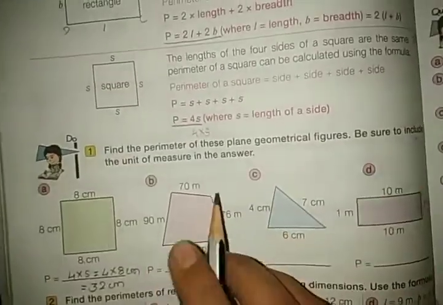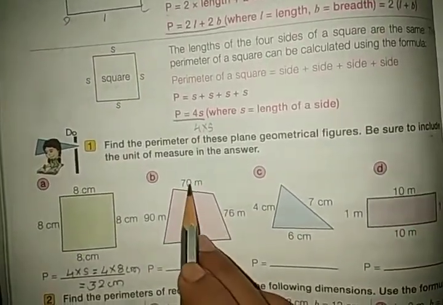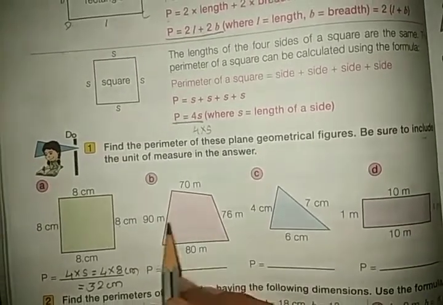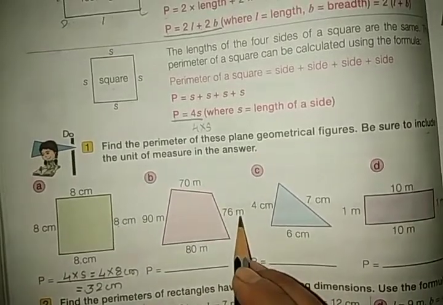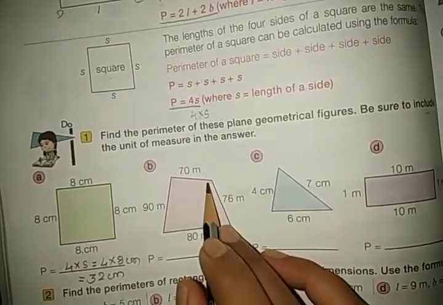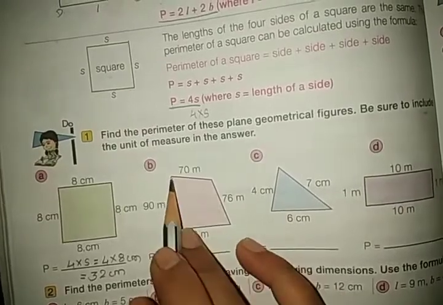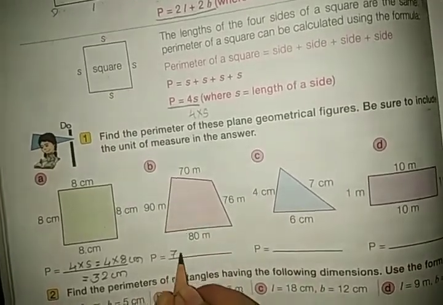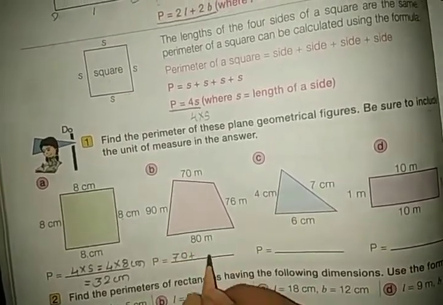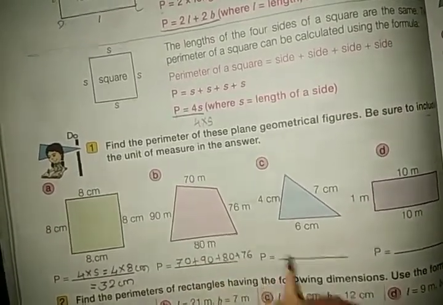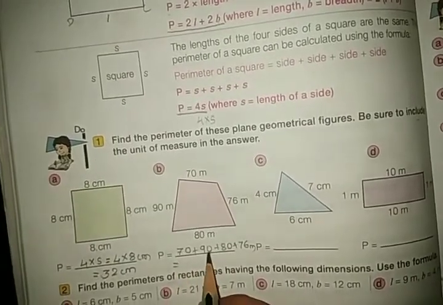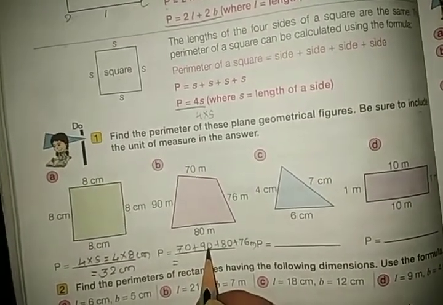Now we'll find next one. This is 70 meter. Okay, this is 90 meter, this is 80 meter, and this is 76 meter. By adding all the 4 sides, you will get the perimeter of this figure. Okay, add this 70 plus 90 plus 80 plus 76 meter. Yes, add this children. 70 plus 90 will be 160.